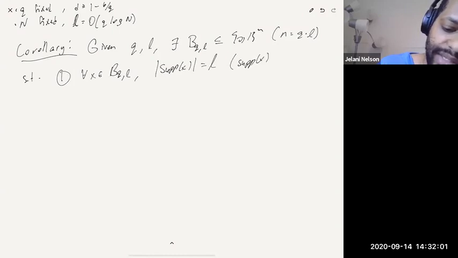Support of x is just the set of all i such that x_i is not equal to 0. So it's like the one entries, basically.